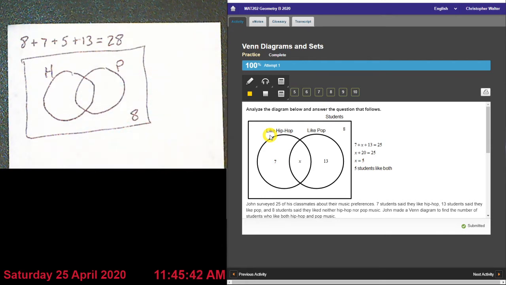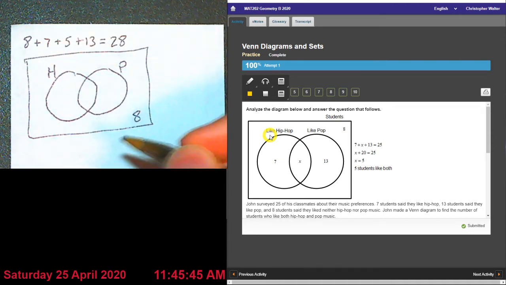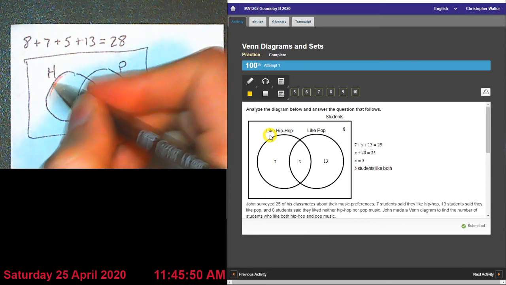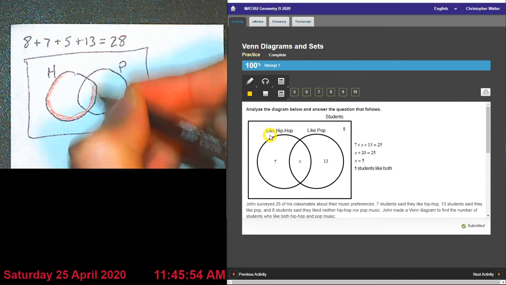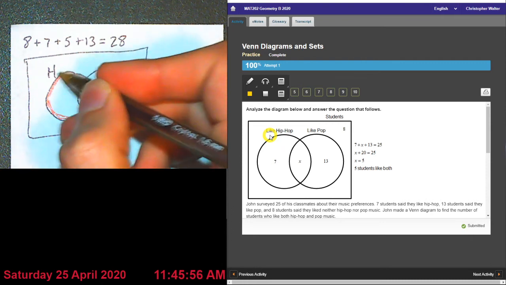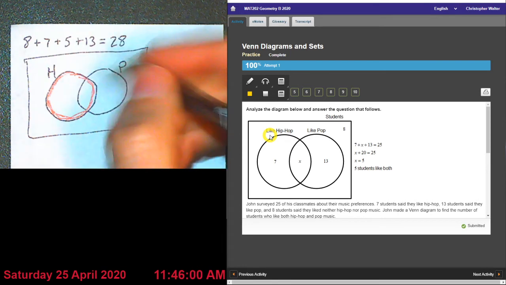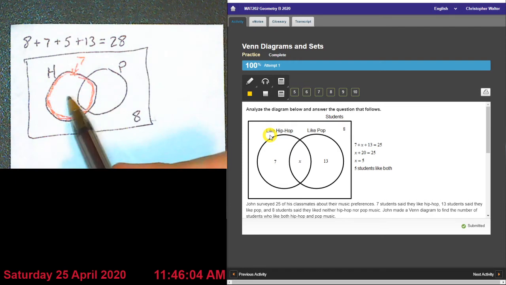But here's where John went wrong with his work. When he said that there were 7 people who like hip hop, he never specified whether those 7 people only like hip hop or if they potentially could like hip hop and also like something else. So those 7 students are somewhere in this red circle, but we don't actually know which section they're a part of.